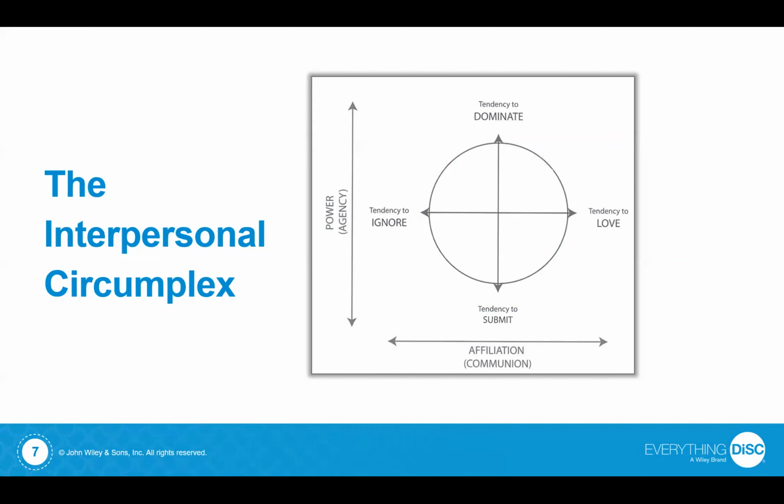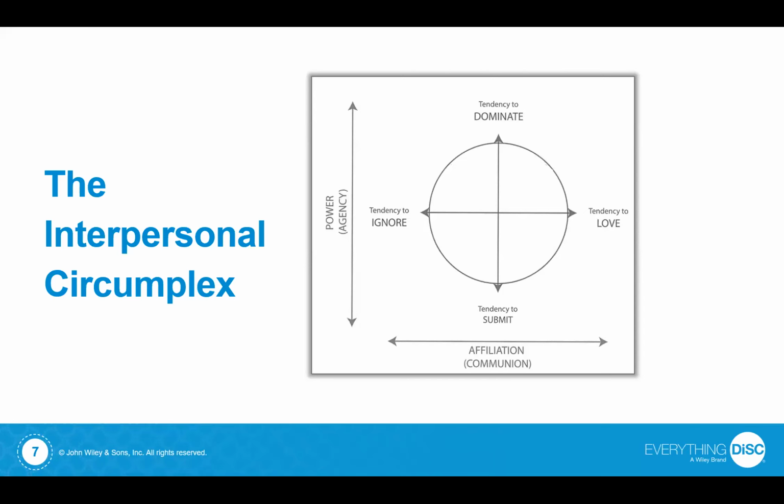But basically, what we're looking at here is how people interact with each other. He was observing the students at the university, and he noticed that their behaviors could be mapped against agency and communion. All right, agency meaning power or control, and communion being affiliation with others. If you've got a strong need for affiliation, you're at the tendency to love end of that scale.